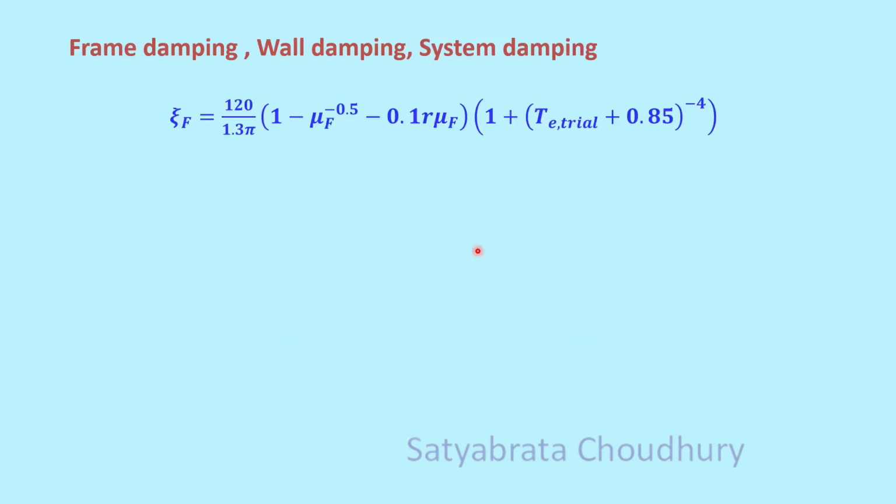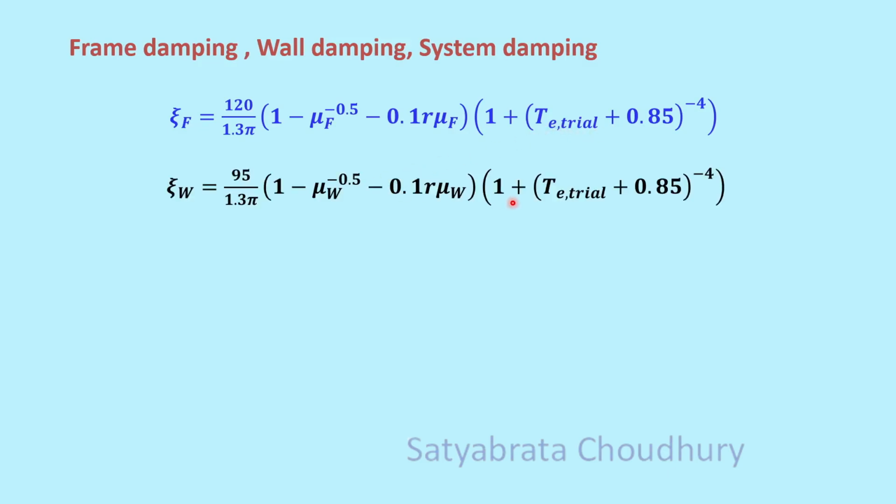Now we have to calculate the frame damping and wall damping. These formulas are available in the literature. Mu f we have already calculated, and R is the post-tilt stiffness ratio. We shall see this through a diagram here, and the trial effective time period we just calculated is this.